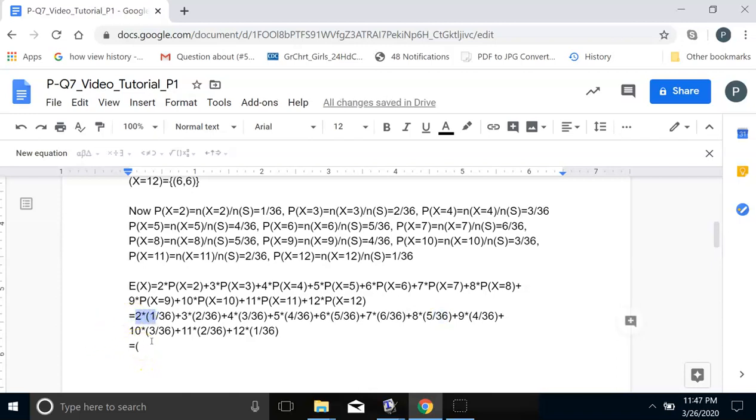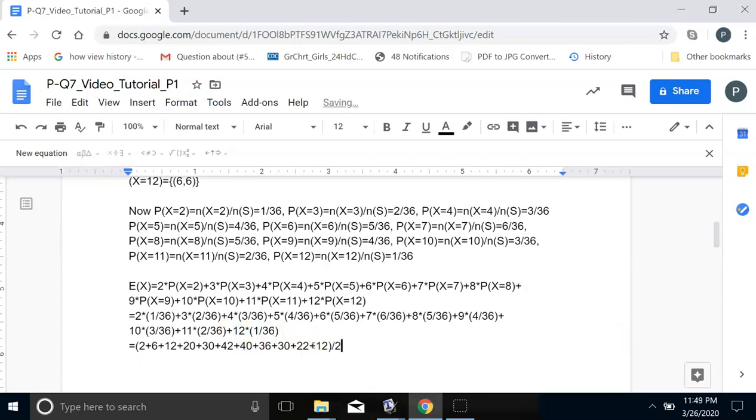It'll be 2 times 1, which is 2, plus 3 times 2, which is 6, plus 4 times 3, which is 12, plus 5 times 4, 20, plus 6 times 5, 30, 7 times 6, 42, 8 times 5, 40, 9 times 4, 36, 10 times 3, 30, 11 times 2, 22, and lastly, 12 times 1, 12.